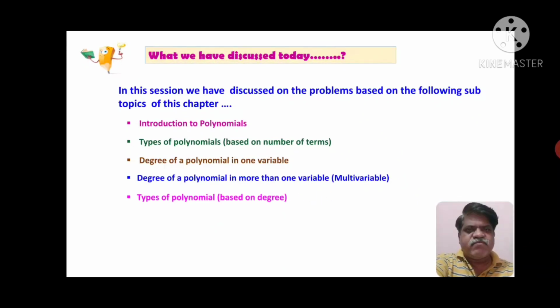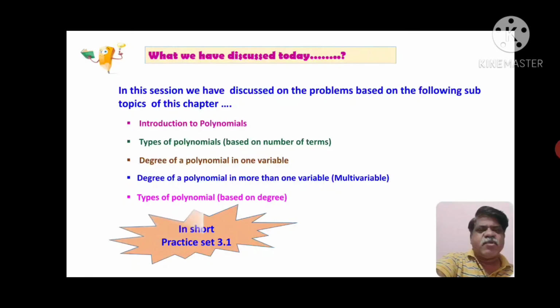Out of these 5 different points, this practice set 3.1 was based. So we have discussed the different problems based on this practice set 3.1.